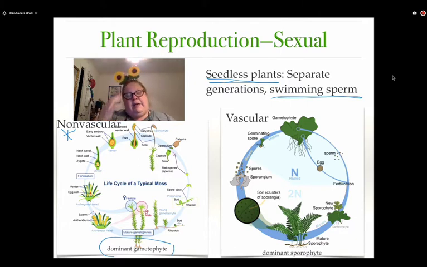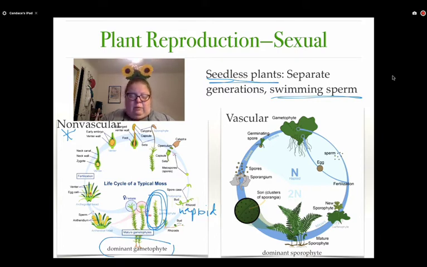But if we were to get down where we could look at them, this is essentially the structures that we see. What is happening here is this whole plant is haploid. Okay? So this whole plant is haploid. If you remember back to when we were talking about genetics and reproduction, haploid means that it has half of the required genetic information for the diploid organism.